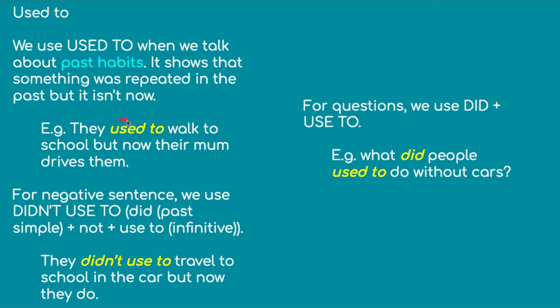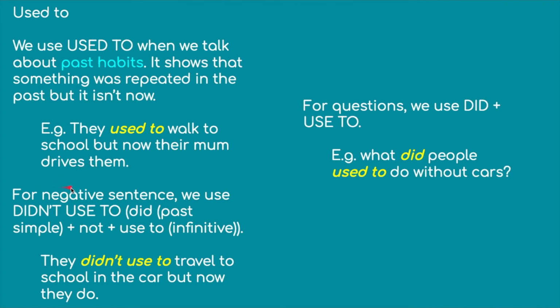So they used to walk to school, but now their mum drives them. Or we used to go to school every week. Or I used to eat ice cream every day. But now we don't do these things.